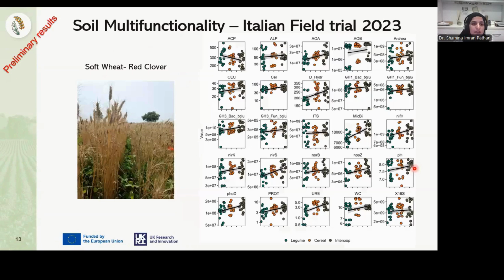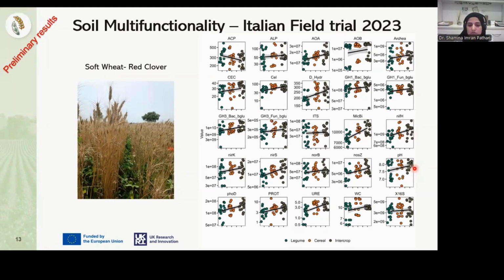So I'll show you some of the results from some of the field trials. These are the different parameters we use to calculate the soil multifunctionality in different field trials. You can see there are different enzyme activities, functional gene abundances, and also pH.